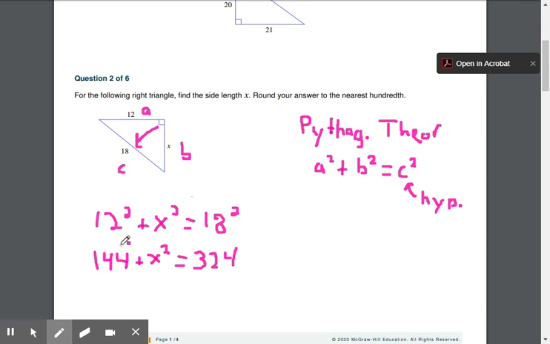So first we need to get rid of the 144. Since these are added together, you'll subtract 144 from both sides to get x squared by itself.